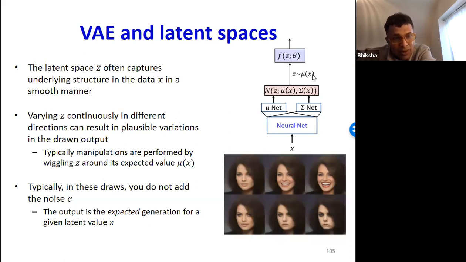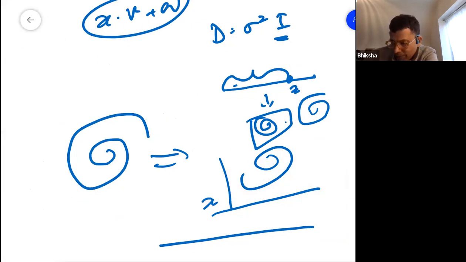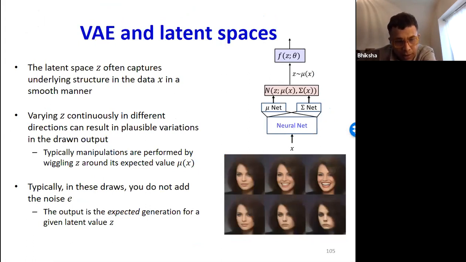So, what about Z? The Z often captures the underlying structure of the data X in a smooth manner. Going back to the helix example, Z is going to learn the position on the helix, right? For any X, you're going to know where on the helix that data instance was obtained from.